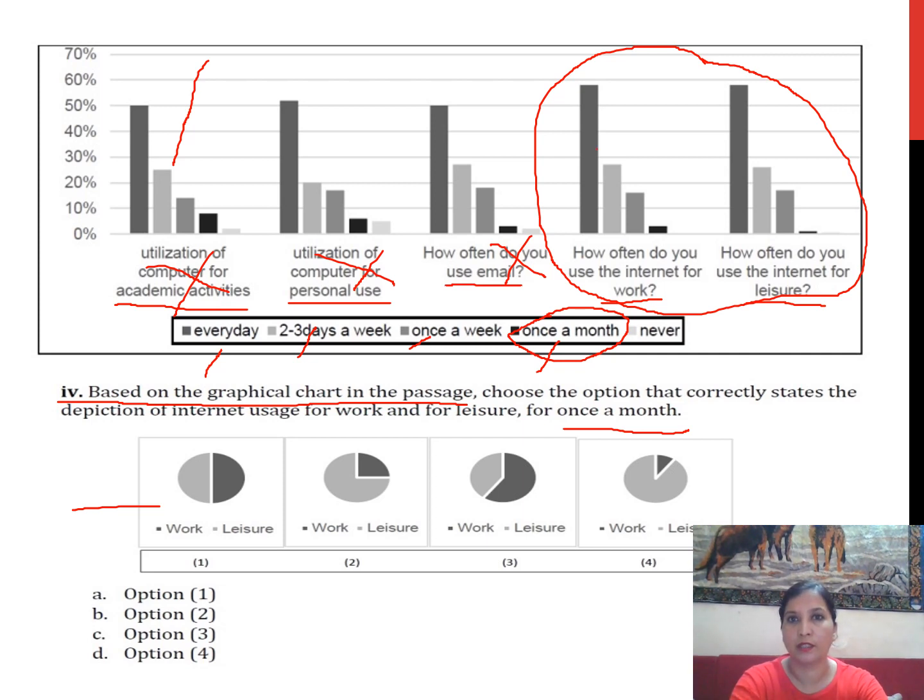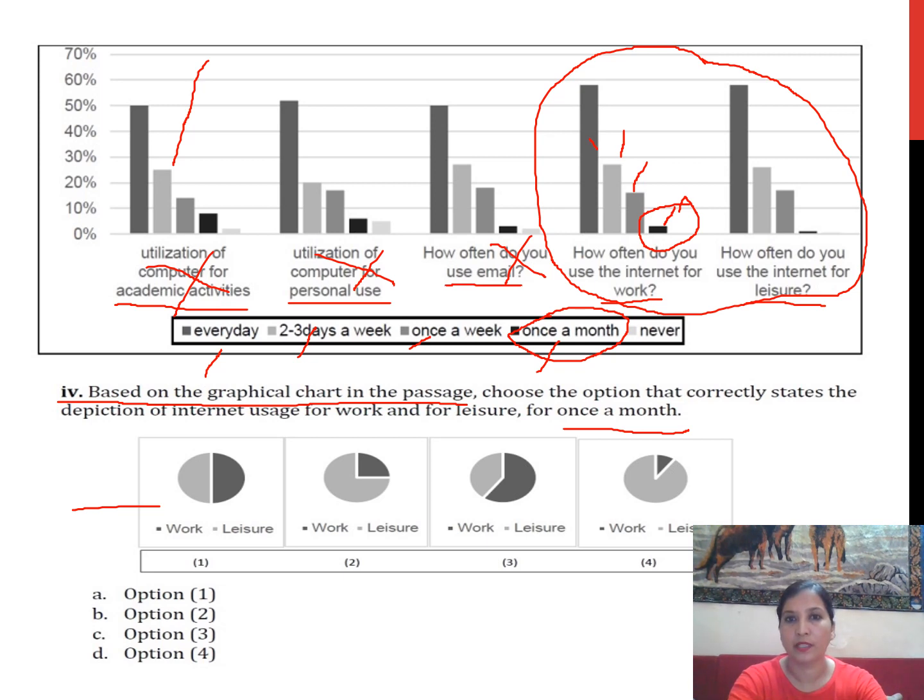So this one is for every day, this one is for 2-3 days. This one is for once a week. This one is for once a month. And our question is asking us about once a month, isn't it? So our answer is somewhere here. Okay.